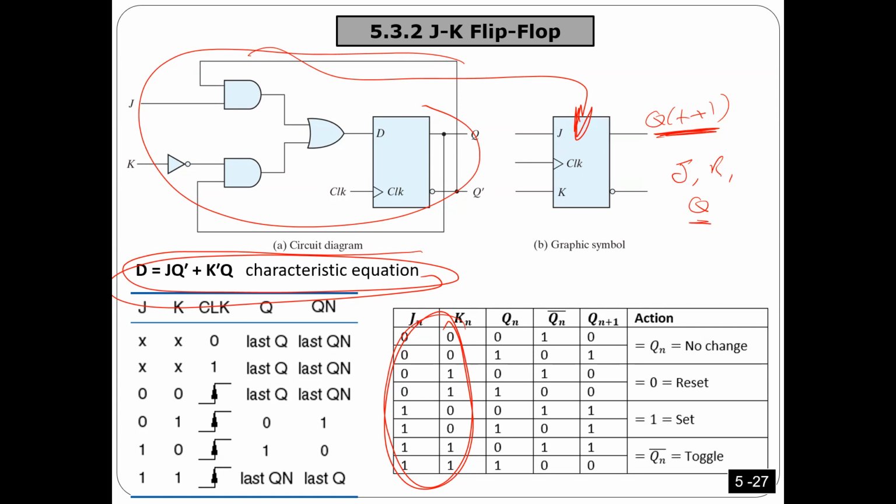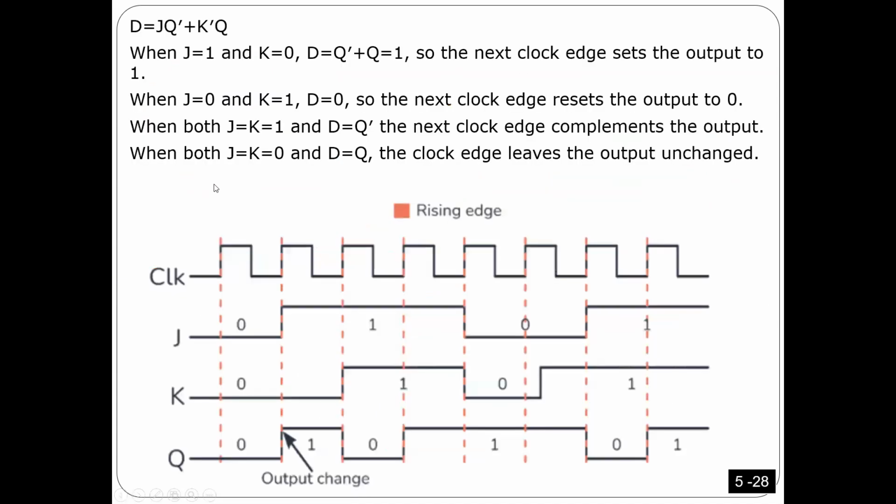Here, Q of T plus 1 is the next state, or next output, when you have the two inputs J and K and the current Q. Any questions? Okay.